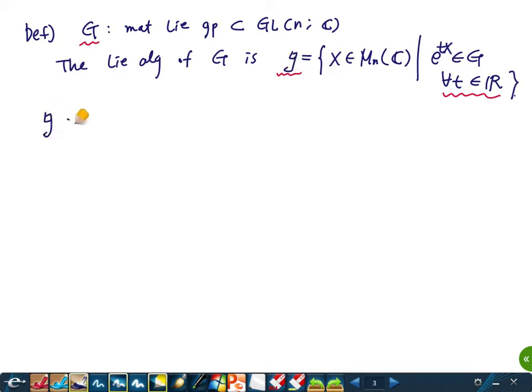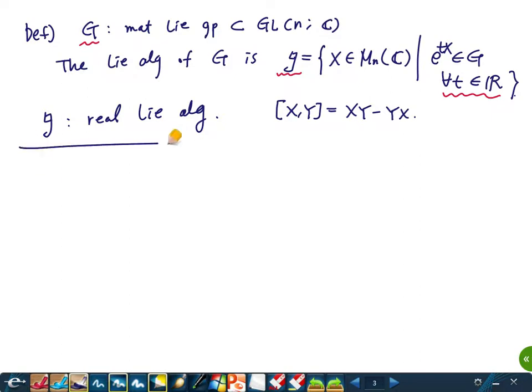So g is a real Lie algebra, where the bracket is defined in the usual way for matrices. It's not necessarily a complex Lie algebra, but sometimes it could be, but not always. So this is what we did last time.